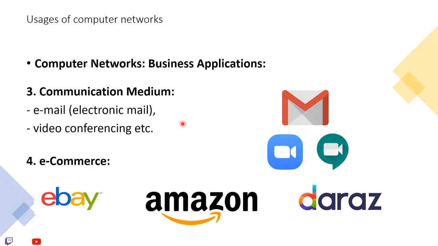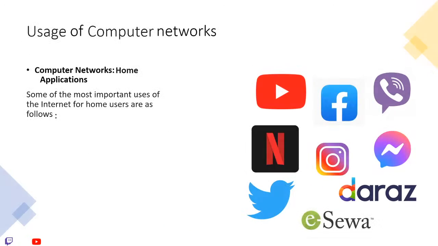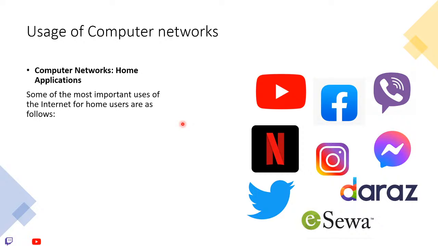Similarly, for home applications, some of the most important uses of the internet for home users are as follows: YouTube, Facebook, Viber, Netflix, Twitter, Instagram, Messenger for messaging, Daraz for online shopping, eSewa for online payment, YouTube for videos.